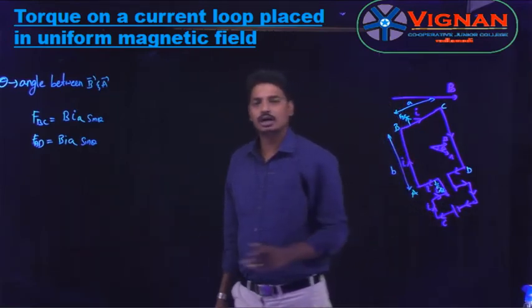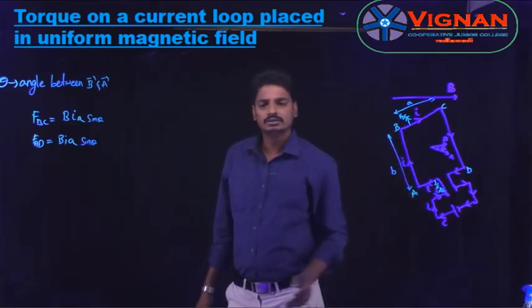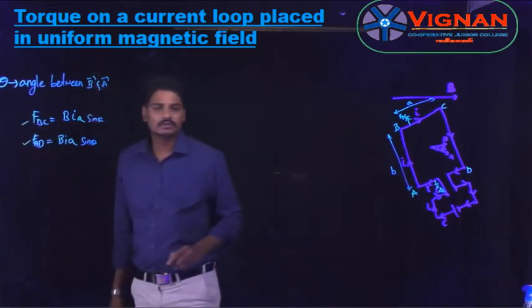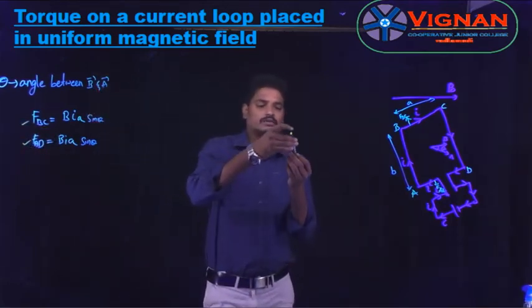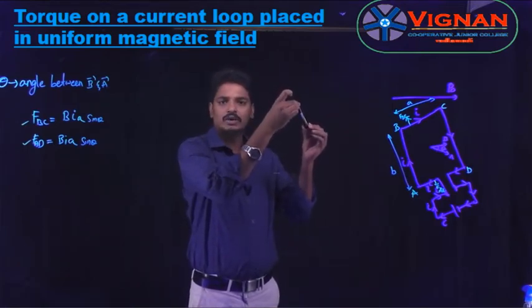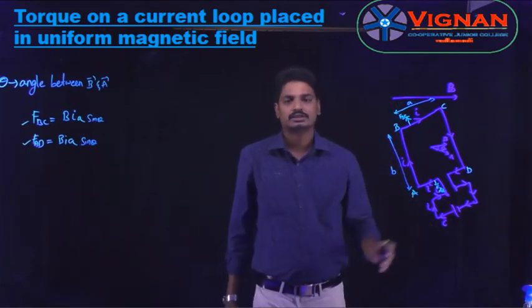With equal magnitude, the body is in equilibrium along this direction.